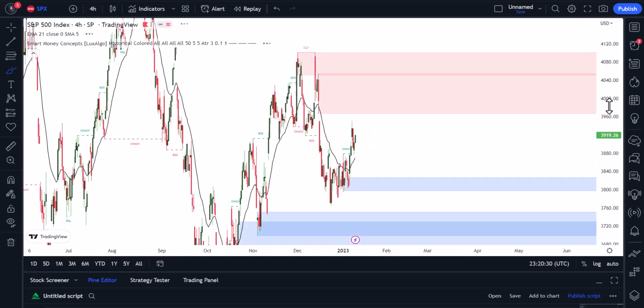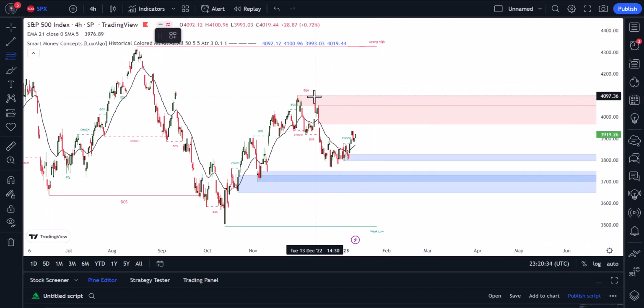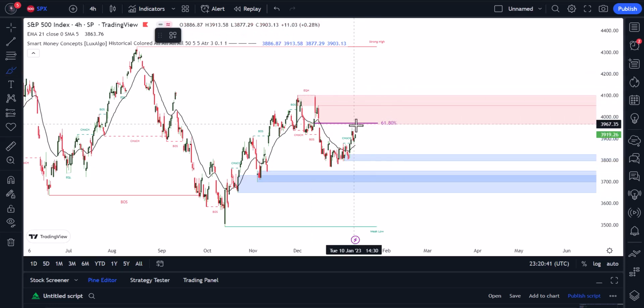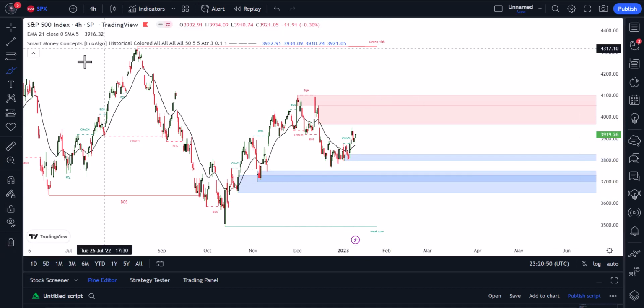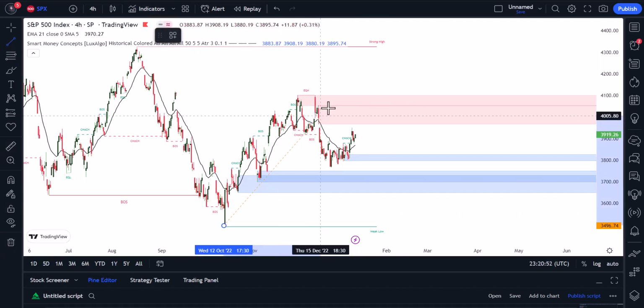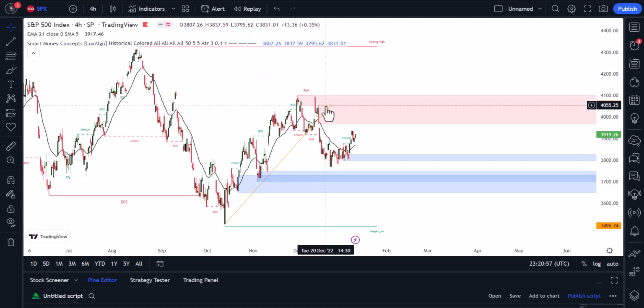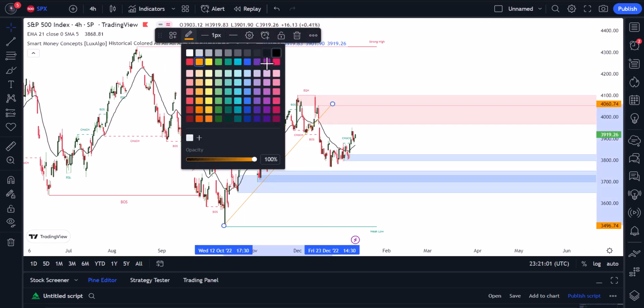Let's check the higher time frames as well. It can follow till this point, 61.80%. Then it's possible that it will reject, because, let me change the color.